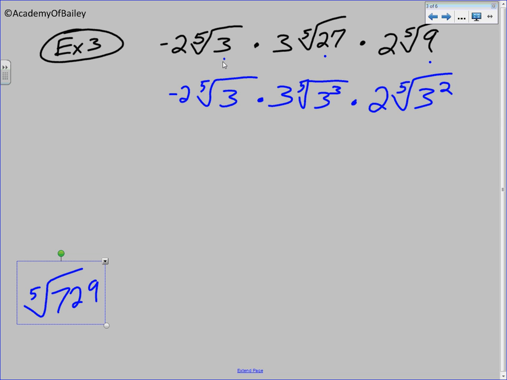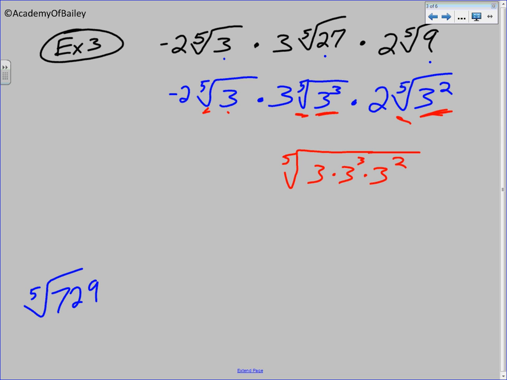So now we have a 5th root, we have a 5th root, we have a 5th root. Well, if we have 3 to the 1st power times 3 to the 3rd power times 3 to the 2nd power, and then look at these numbers, 2 times 3 times 2. Negative 2 times 3 is negative 6, and then times 2 again, that would be negative 12.